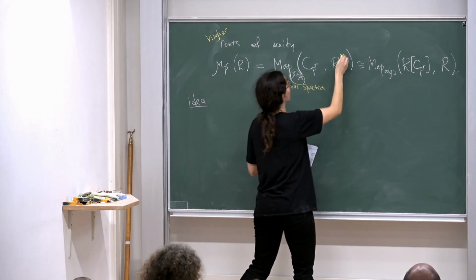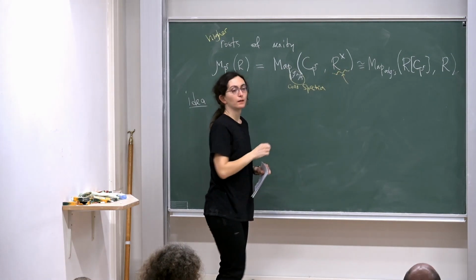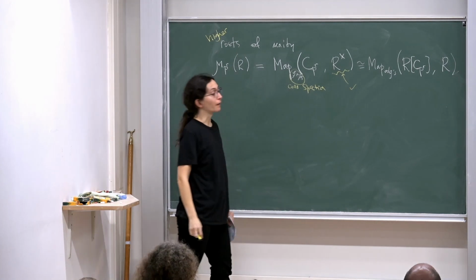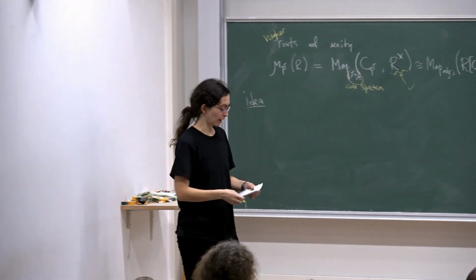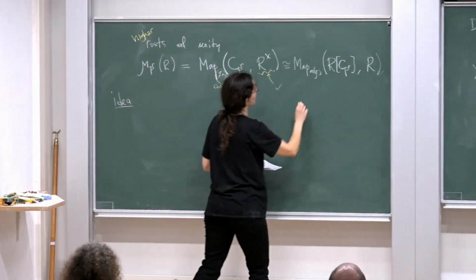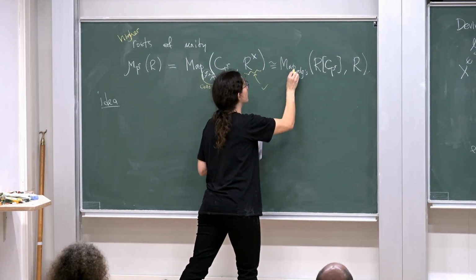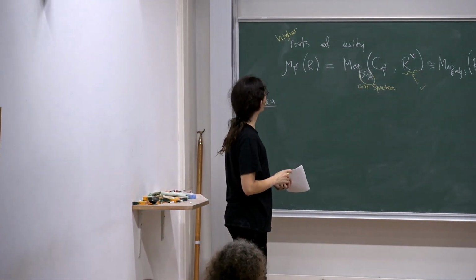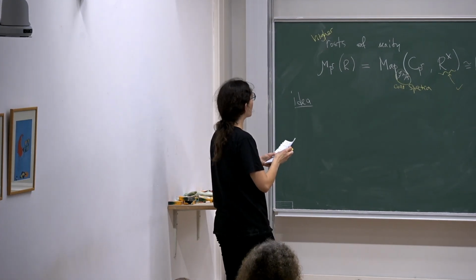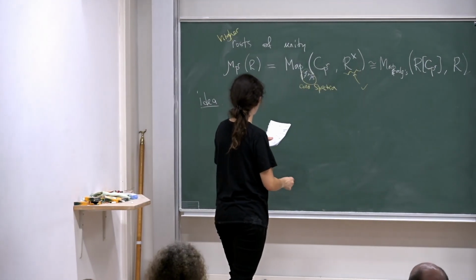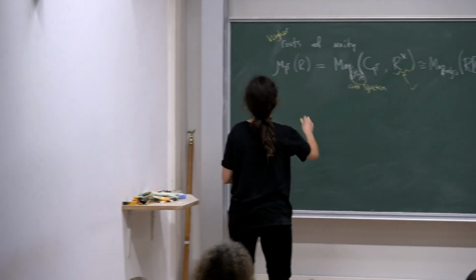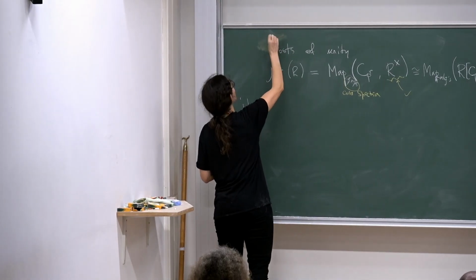Then the units is a space, or infinite loop space, so it's again a spectrum. This kind of thing is well known; maybe you've seen it under the name of GL1 of R. And I should have said R algebras here, and that would still work. Okay, so we can define this for spectra.